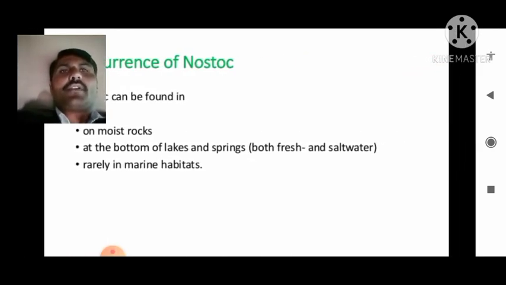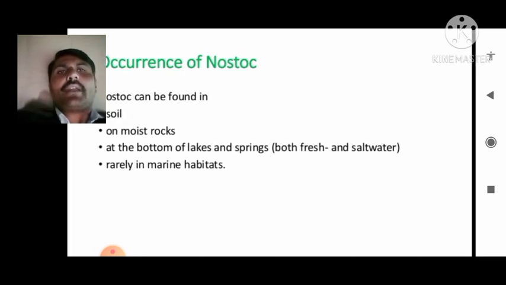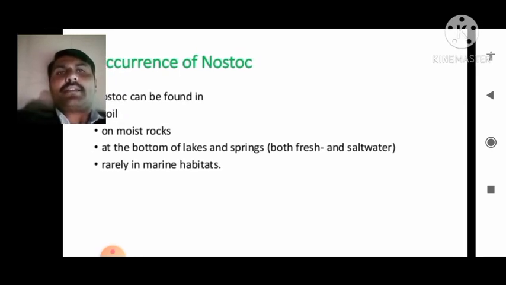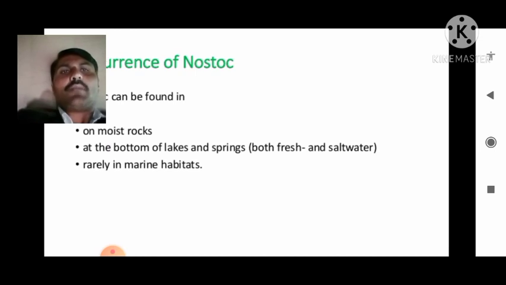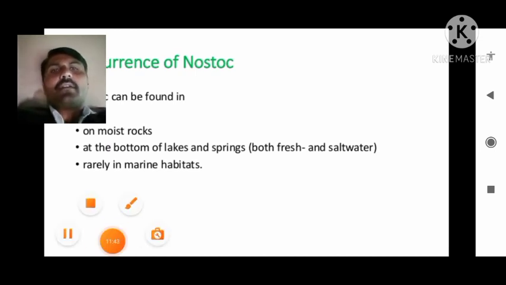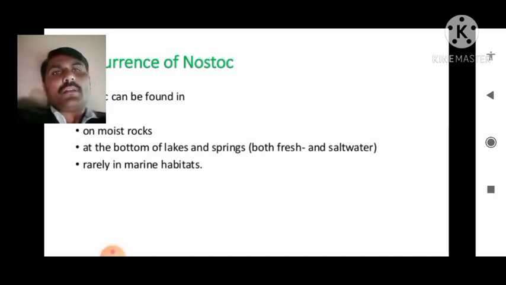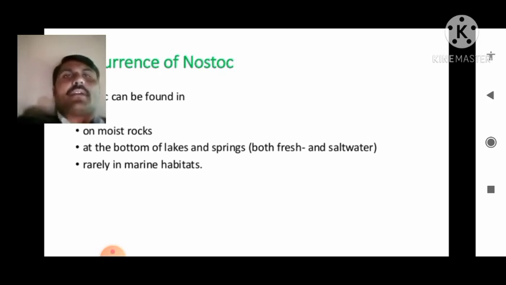Occurrence of Nostoc we already know. It may occur on soil, rock, where there is moist rock, at the bottom of lakes, at the springs, fresh water, sometimes found in salt water.